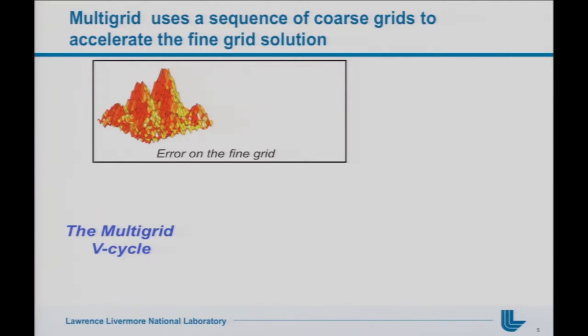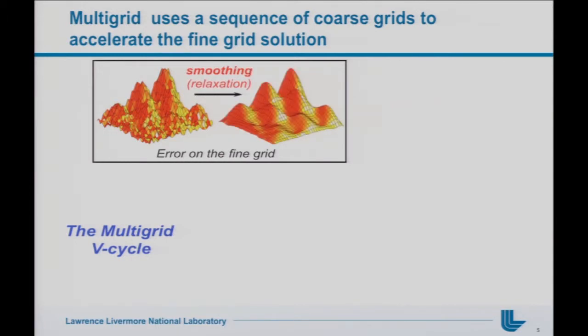And just to give you a quick cartoon about sort of the main aspects of multigrid and why it works, think of a two-dimensional grid and a Laplacian problem you want to solve, for example. You have an initial guess, because it's an iterative method. So if you plot the difference between that and the exact solution, the initial error might look something like this. The first main component of a multigrid method is a smoother or a relaxation method, something like Gauss-Seidel or a weighted Jacobi.